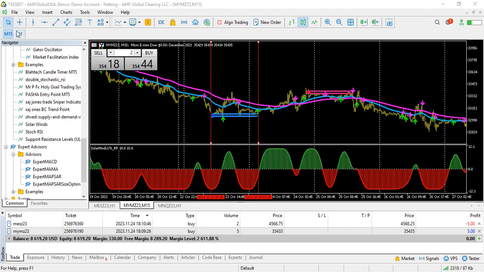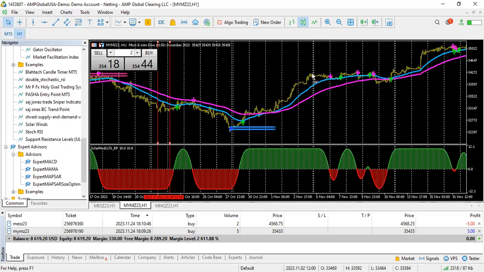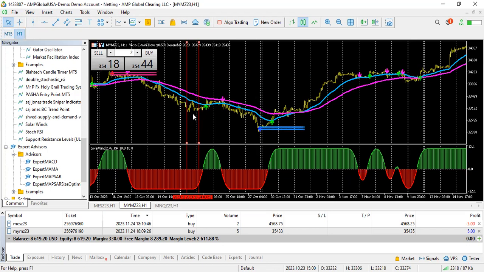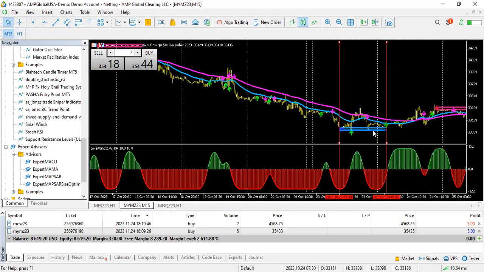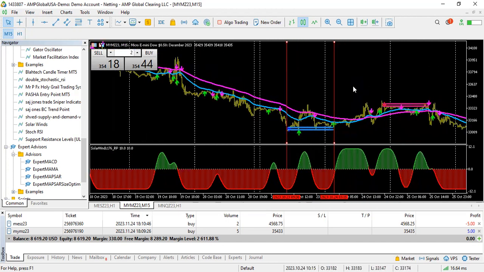And then we're going to jump down to the hour. And what do you see here? The market isn't changing direction. It's still going down. If you would have just entered solely off of this support happening, sure, you could have caught a trade here, but we're following the trend, right?